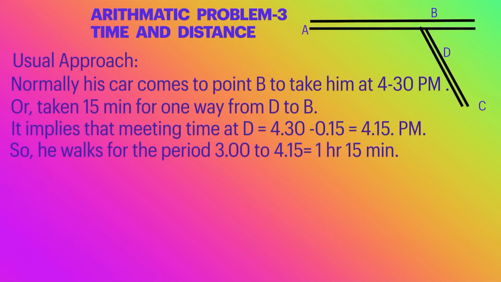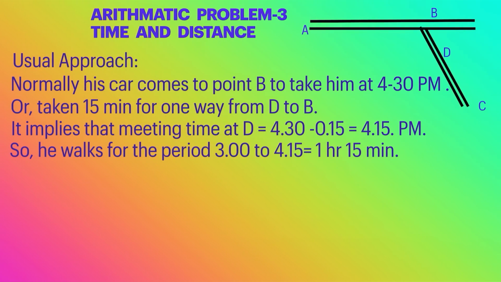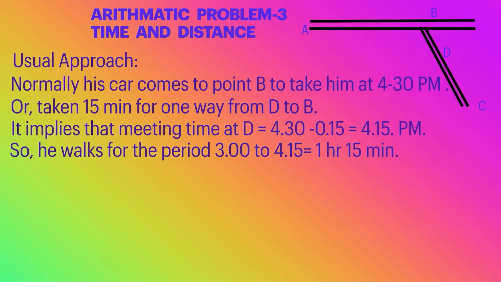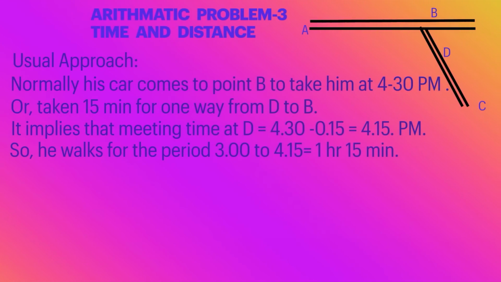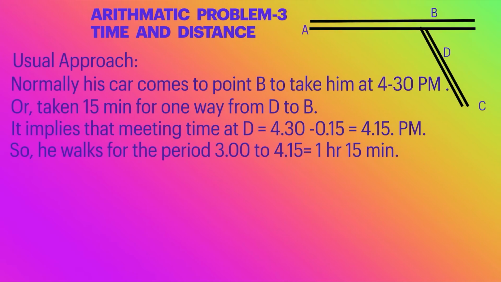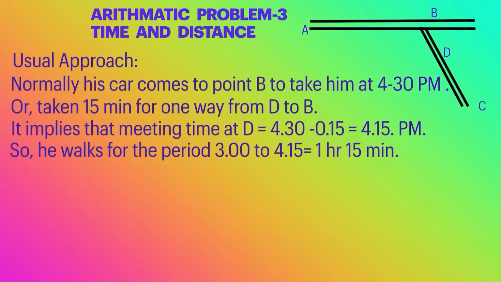So the man on that day walked for the time 3 to 4:15, that is 1 hour 15 minutes. So 1 hour is 60, so 60 plus 15 equals 75 minutes. The man walked for 75 minutes. Then he traveled by his car.